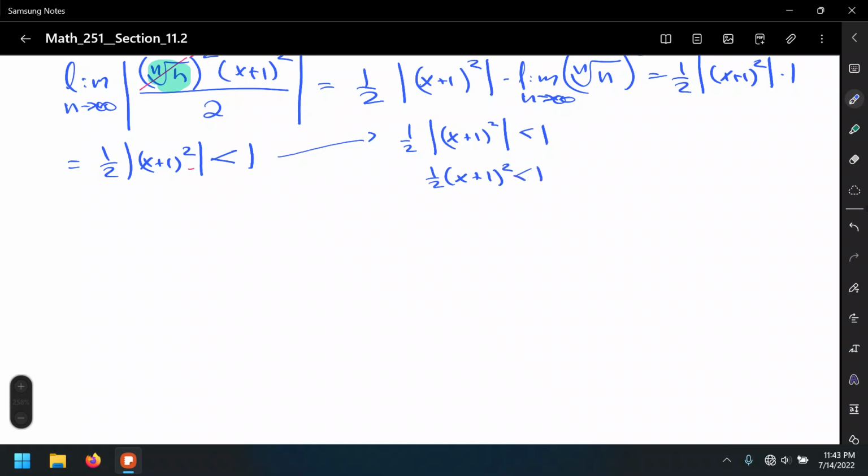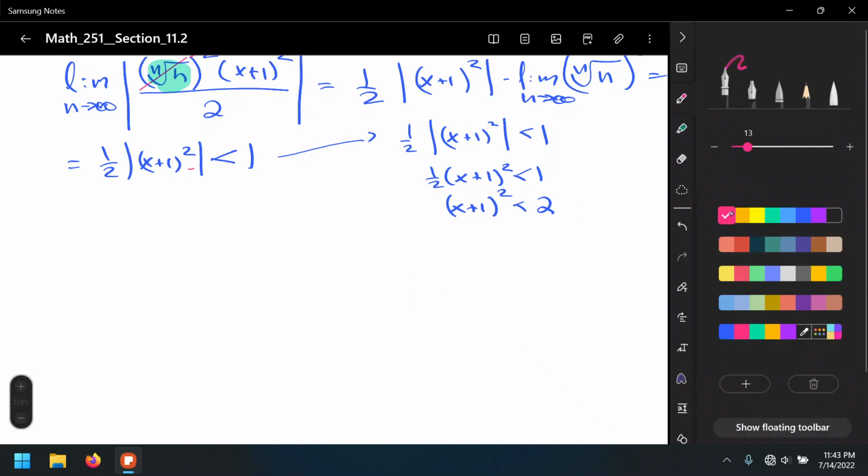Let's solve the inequality and multiply both sides by 2 to get x plus 1 squared less than 2. Now we're going to solve this quadratic inequality, so we need to take the square root on both sides.